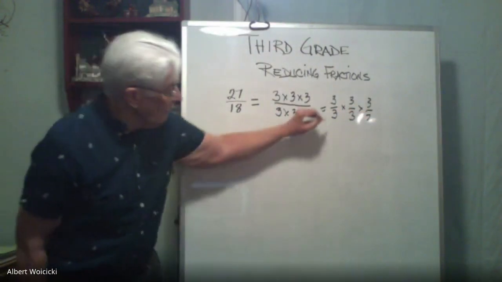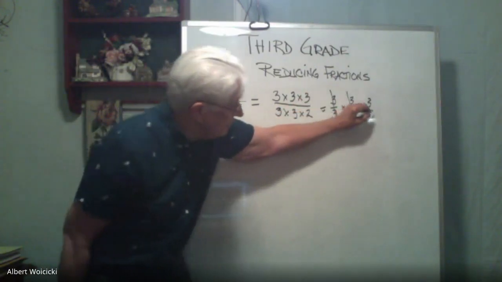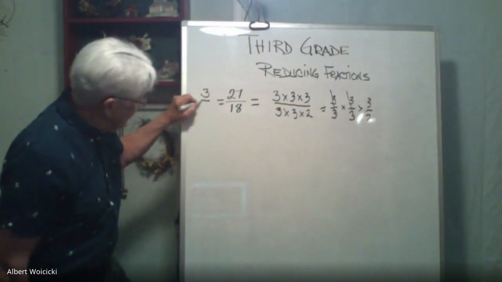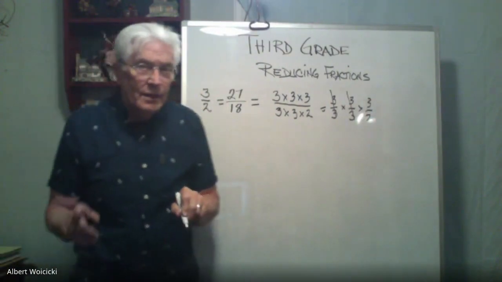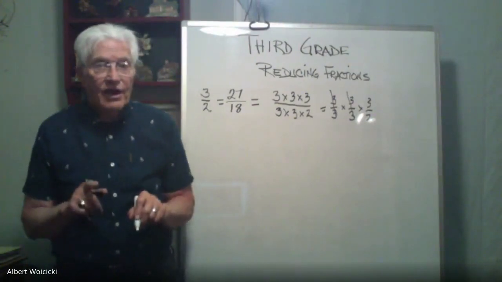Well, they know that this makes 1, this makes 1. So now they have their answer. 27/18 is 3 halves. And here is what I'm going to be talking about today, 3 halves.